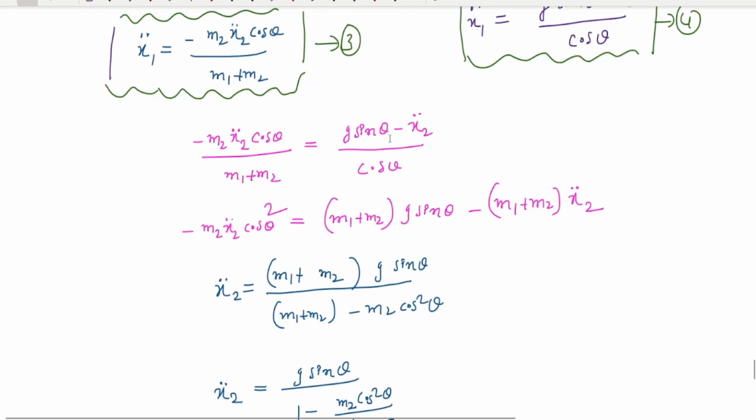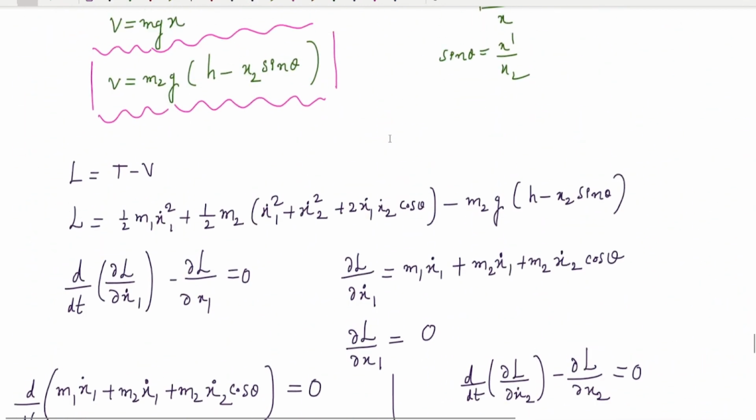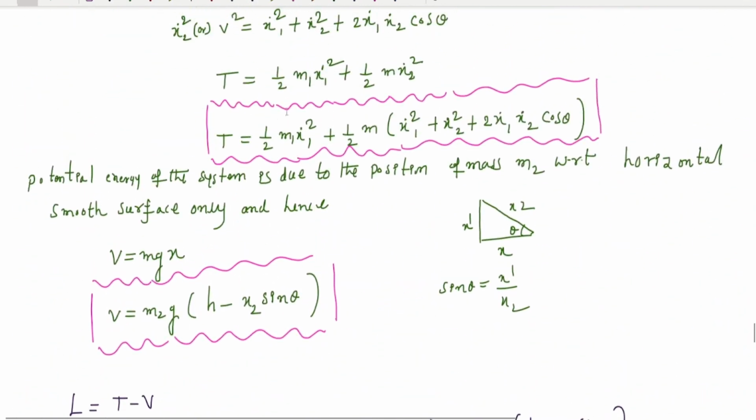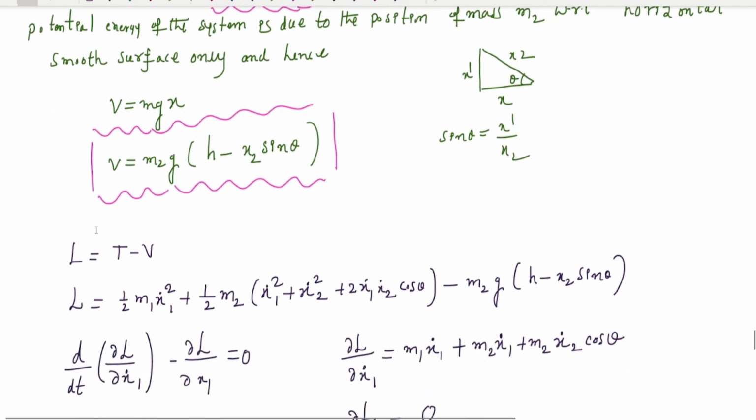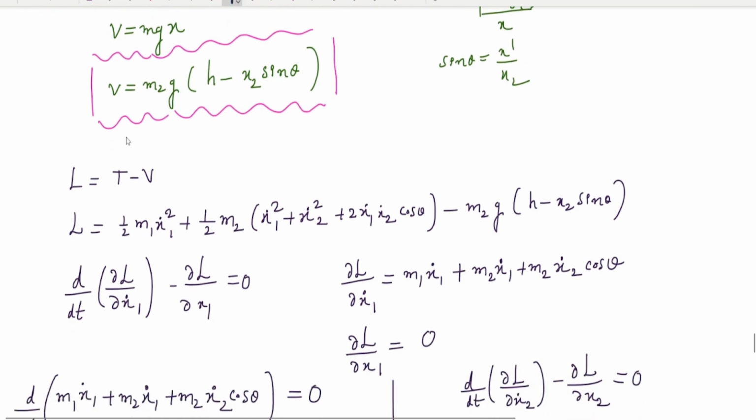So quickly, if you look here, first we need to derive the potential energy and kinetic energy of the system. Then we need to substitute into the Lagrangian first, then the Lagrangian equation. The Lagrangian function L is equal to T minus V. I have seen this type of question in state level eligibility test examinations.